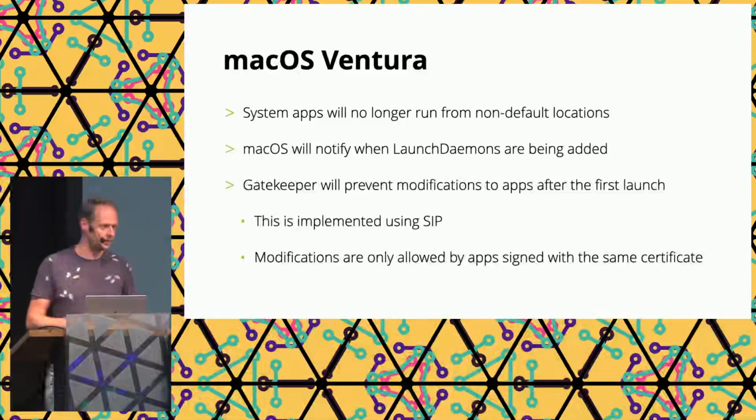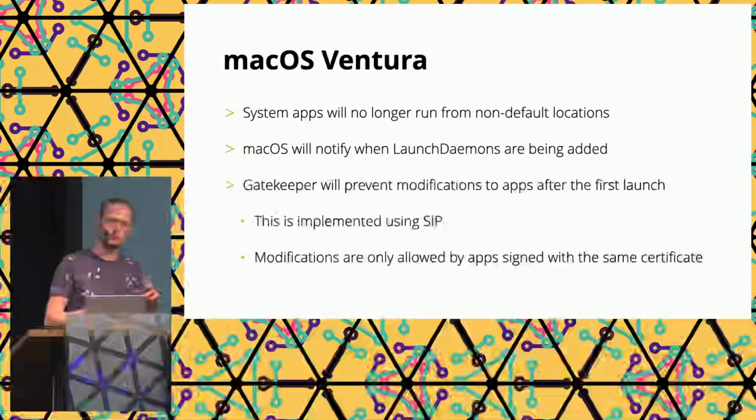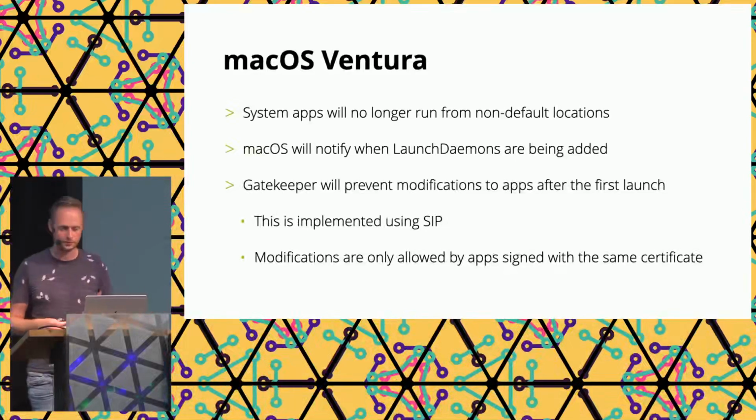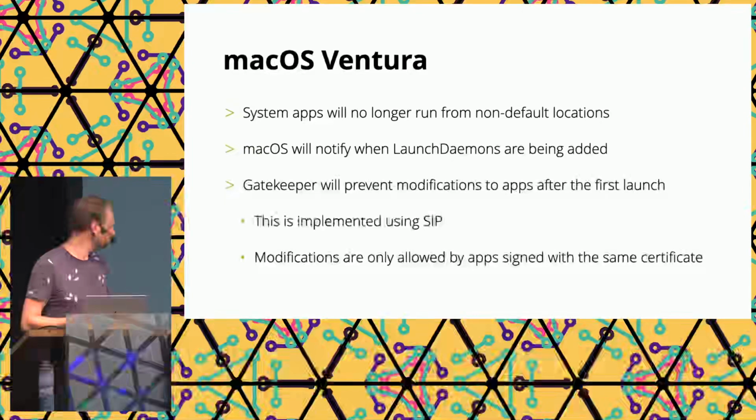And most importantly, Gatekeeper will now prevent modifications to apps after the first launch. Typically, Gatekeeper will only be used at the initial launch, so the first time the application is launched, but now Gatekeeper will prevent modifications even after the application has already been started once.